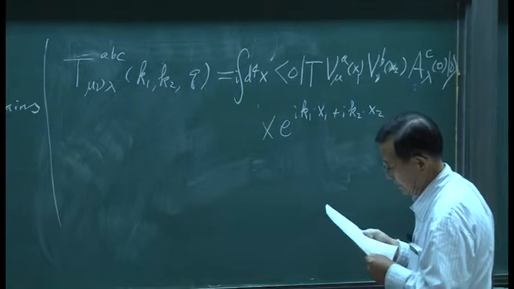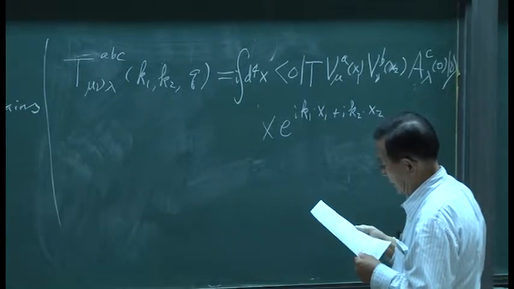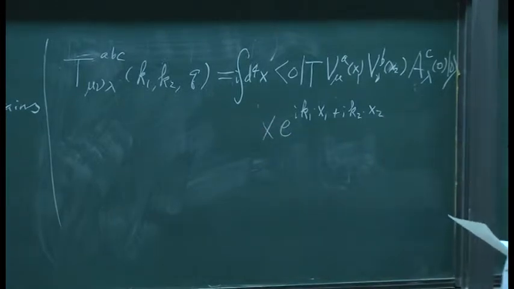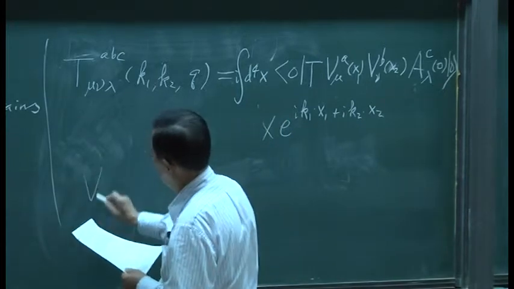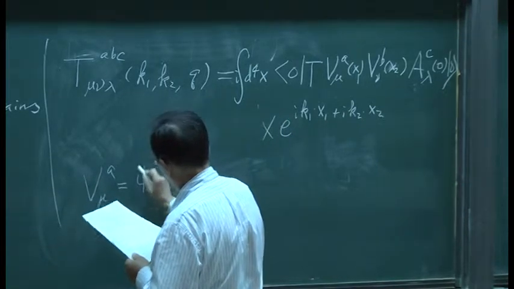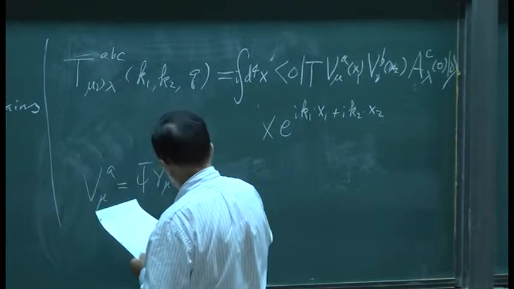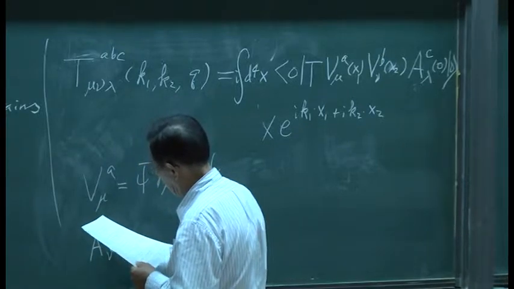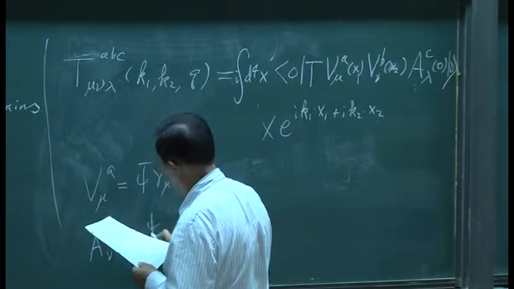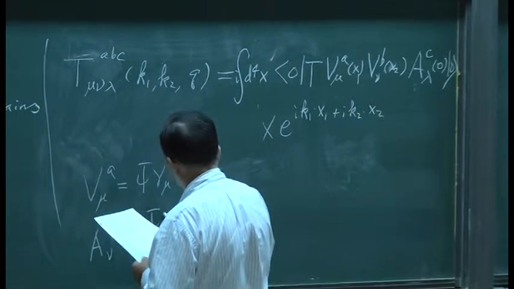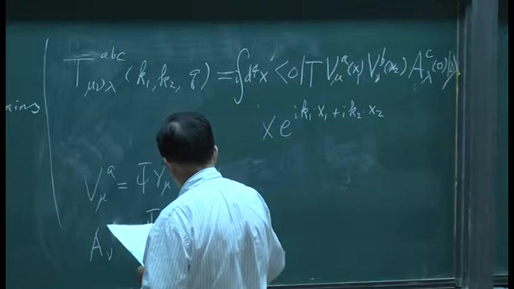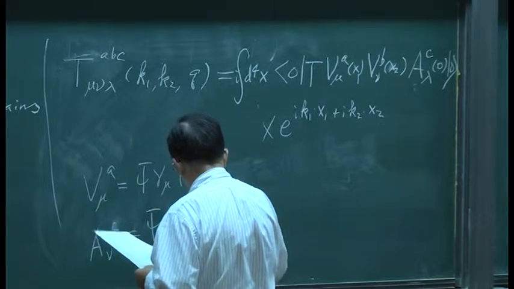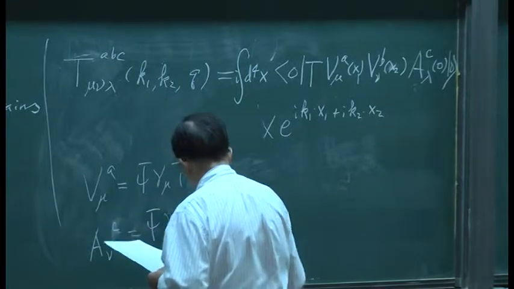Okay. So this is the amplitude you have, and then V mu a is psi bar gamma mu T a psi, and A mu c will be equal to psi bar gamma mu gamma 5 T c psi.